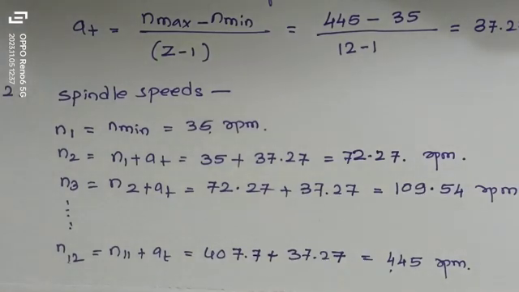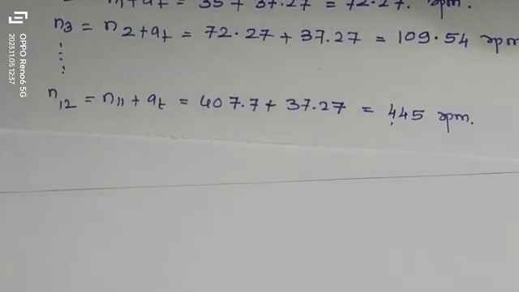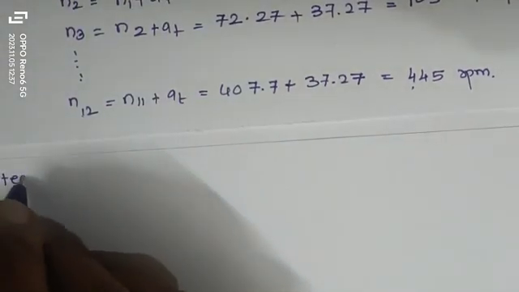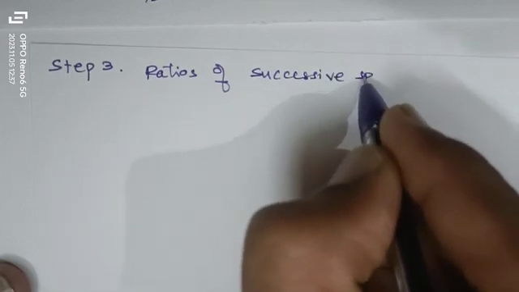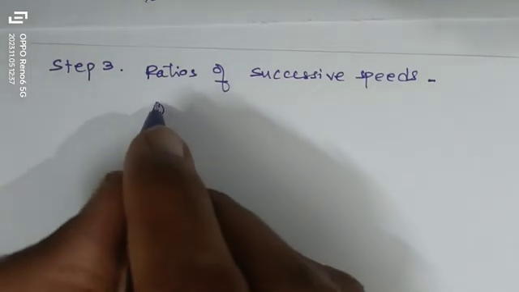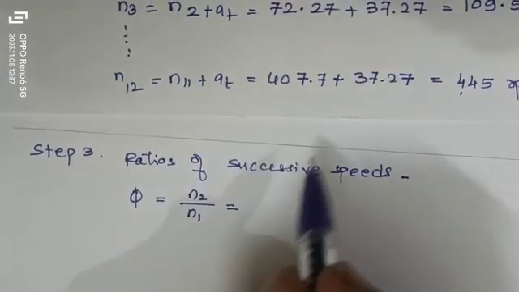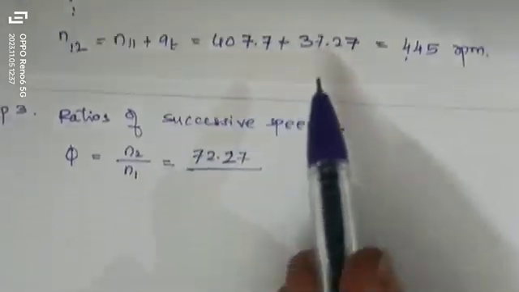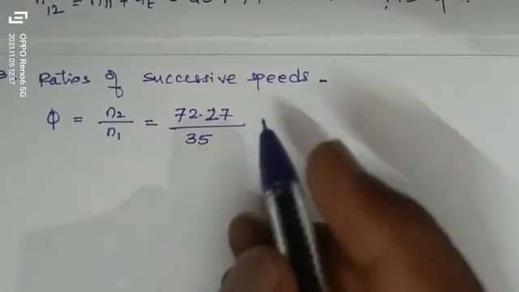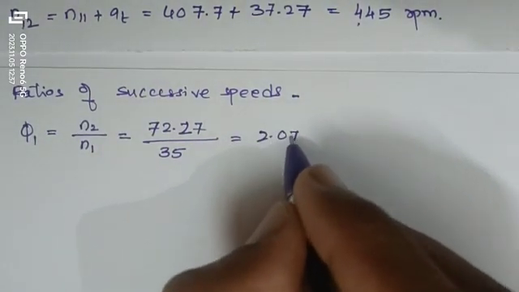Now we need to calculate ratios of successive speeds. We could say step 3, ratios of successive speeds. So we can say phi equal to n2 divided by n1. N2 we got 72.27 divided by n1, which is 35, and I got the ratio of successive spindle speed for phi 1, that is 2.075.